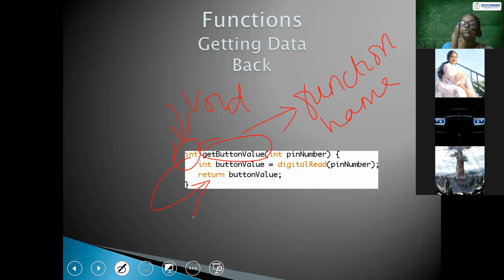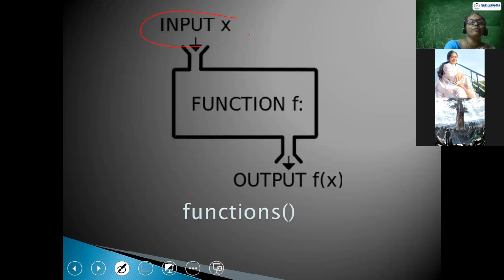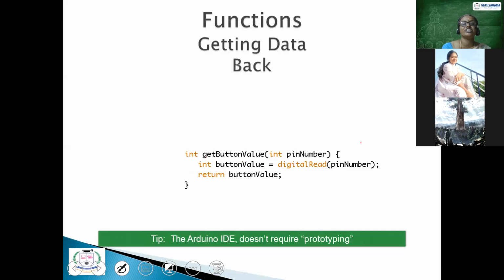Where it is mainly used now: whenever you include the libraries, I told you LiquidCrystal.h, I want to access that LCD file. Definitely I will declare my function, and at that time functions are very important. That's why they have seen input, output, functions. Now it will come as f of x, like in mathematics.